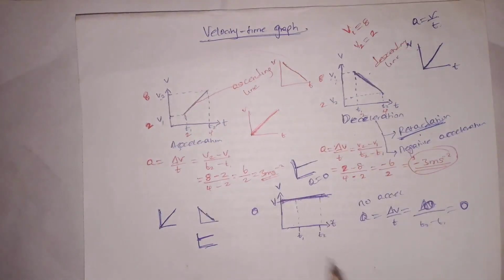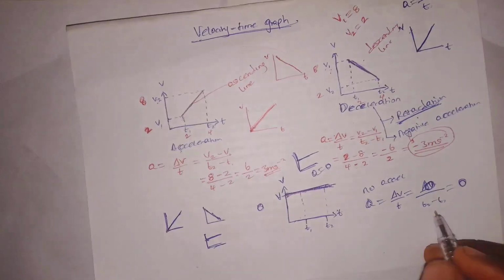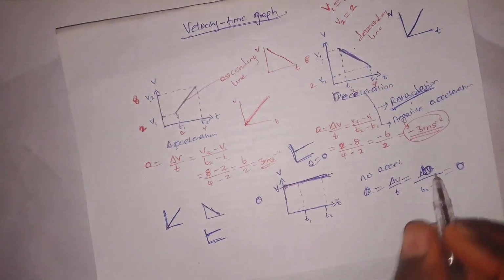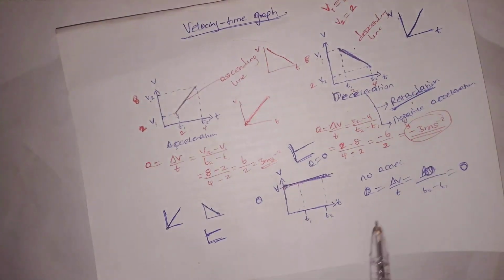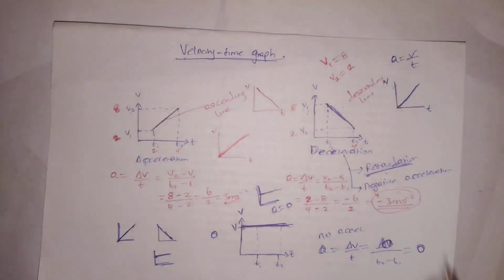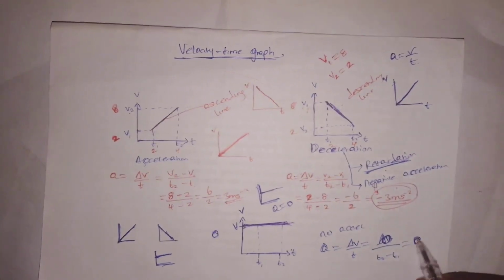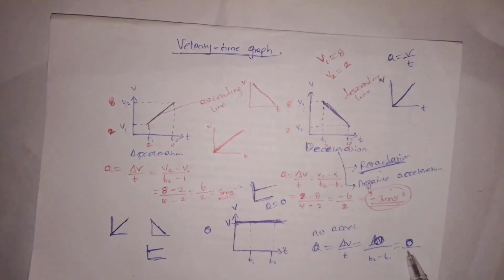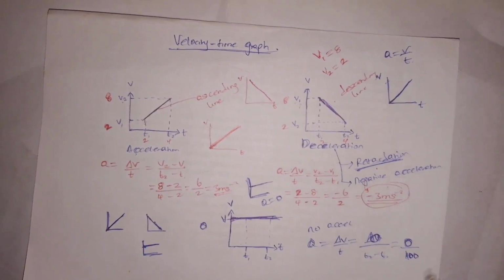No matter what the time is, the velocity is zero, because the body is not moving. Remember, when they talk about change in velocity, it means the body is moving. When there's no change in velocity at all, the change in v is zero. Imagine no matter the value we have here, even if it is 100, 0 going to 100 still gives us 0. So therefore acceleration is 0.